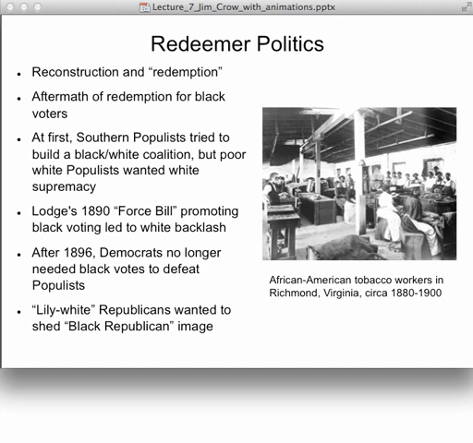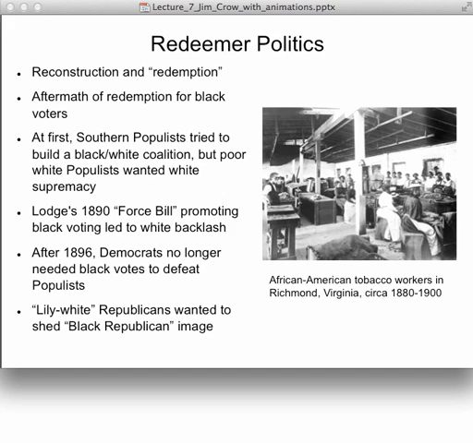Now, this law was never passed, but white Southerners were so outraged by the fact that the force bill was even proposed that this really helped to fuel the campaign against black voting in the South.